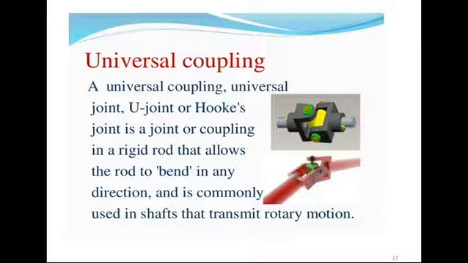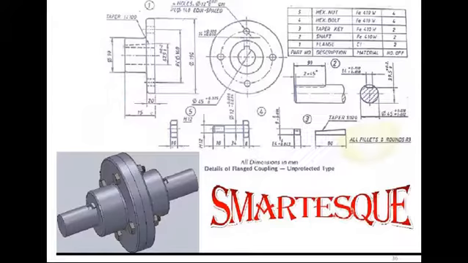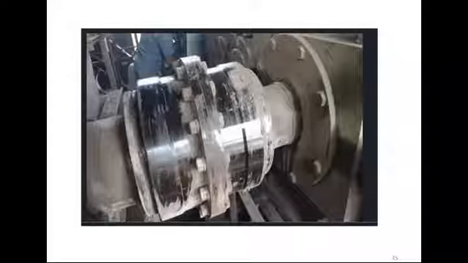And after this we started the next chapter, shaft coupling. In shaft coupling, we saw the purpose of shaft coupling and why we use couplings, and then we saw the universal coupling. Then we saw the flange coupling.